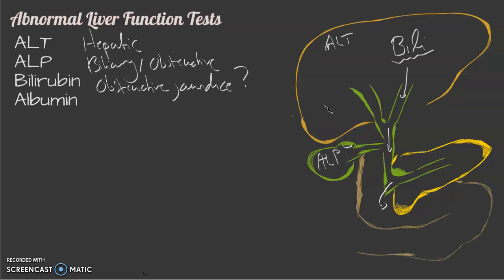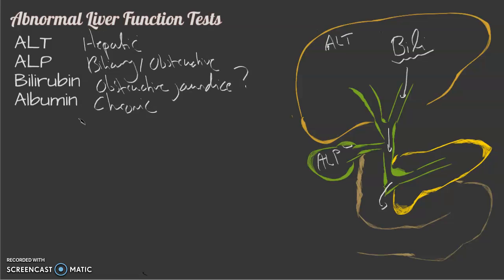Albumin is reported as well, and that is something that's synthesized in the liver. If that's down, it suggests there might be some chronic liver disease going on, or there's malnutrition, but it takes time for it to drop. So usually in acute conditions, you may not see that's an issue.